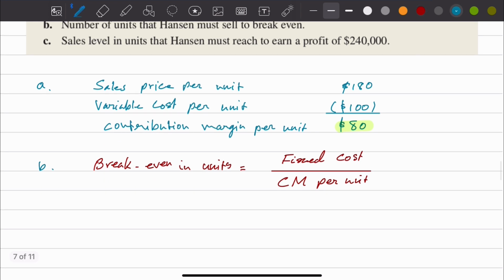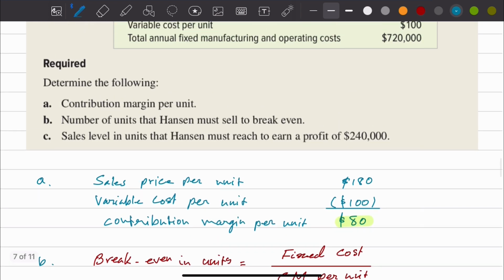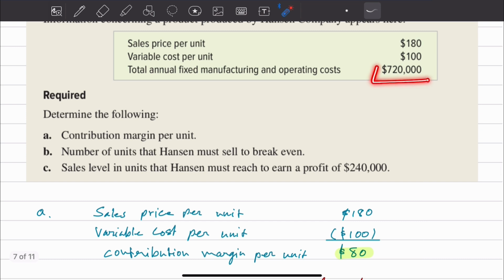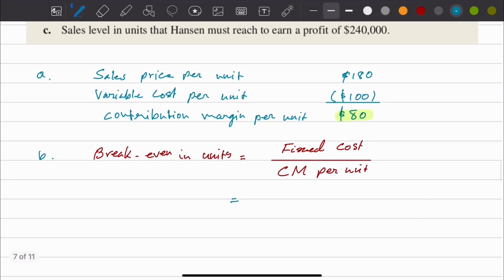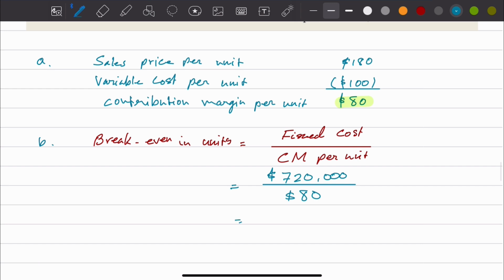Okay, that means we need this figure right here, $720,000, $720,000 divided by the contribution margin per unit, which we just calculated in the previous part, which is $80. Okay, so we go to our calculator, $720,000 divided by 80, that's 9,000 units.